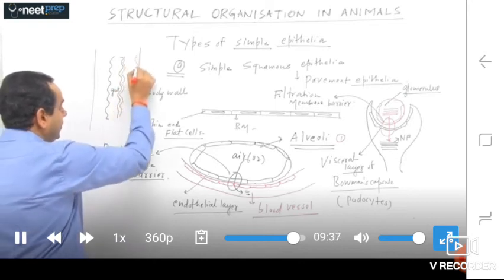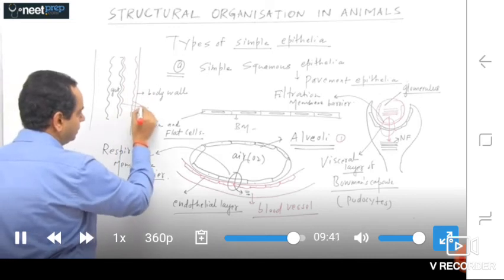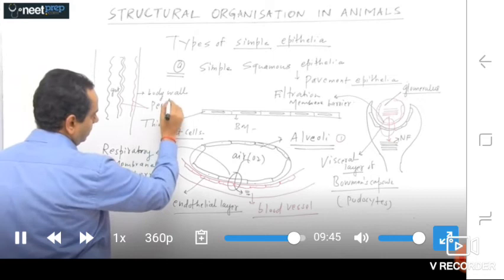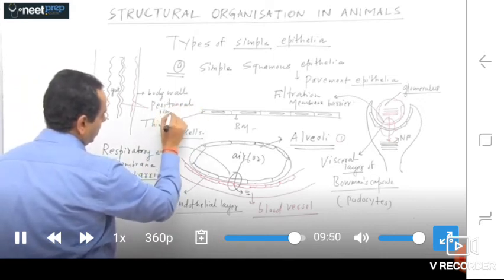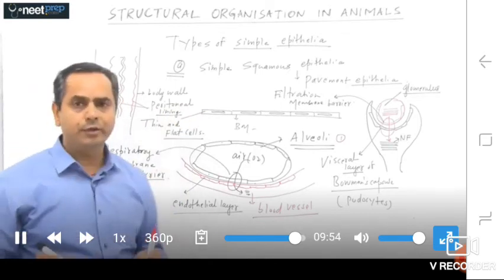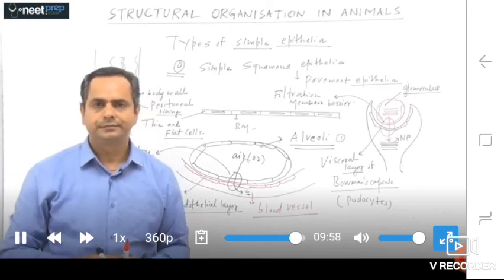This is called peritoneal lining, and this peritoneal lining is also made up of simple squamous epithelia.